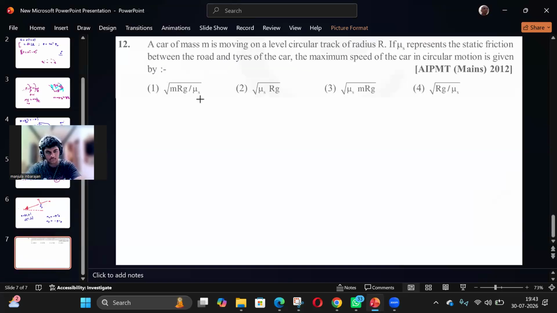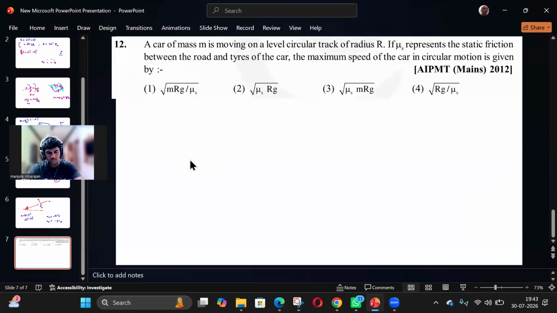Try this question. Minimum speed can be 0. There's no limit because it's on a horizontal road. But if the speed is too high, it will skid outwards. So at that limiting case, where it's just about to skid, the maximum friction force will act, and that should balance mv squared by r. So maximum friction force should be equal to mv squared by r in that limiting case.